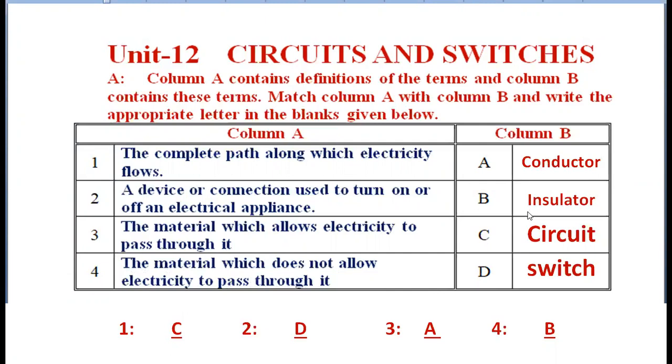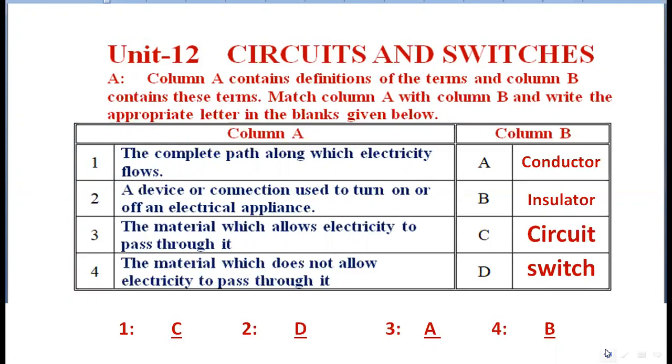Again we repeat, the complete path along which electricity flows is called circuit. A device used to turn on and off an electrical appliance is called switch. The material which allows electricity to pass through is called conductor. And the material which does not allow electricity to pass through is called insulator.